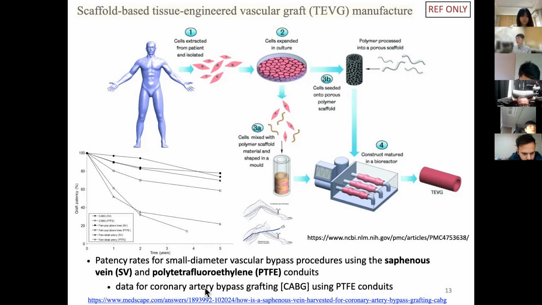This is data for CABG, coronary arterial bypass grafting, using a PTFE conduit, a polytetrafluoroethylene conduit, from open data.